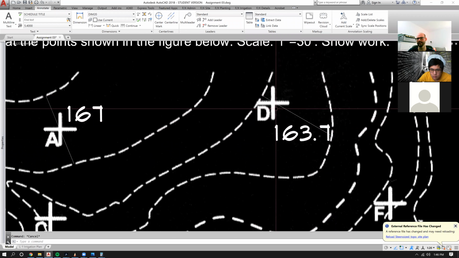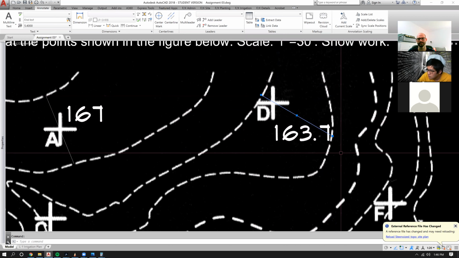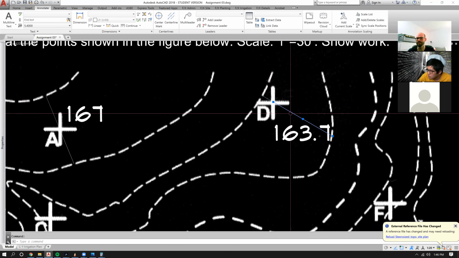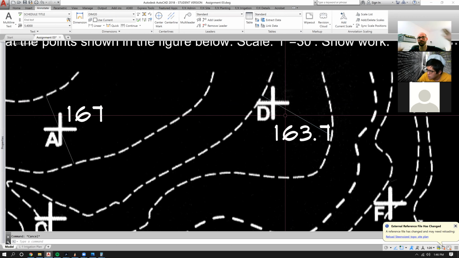If the entire distance between the two contours is 100%, it's only 85% of the way there. And whether your contours are 5 feet apart or 10 feet apart, you can take that 85% and translate it to however far apart your contours are.